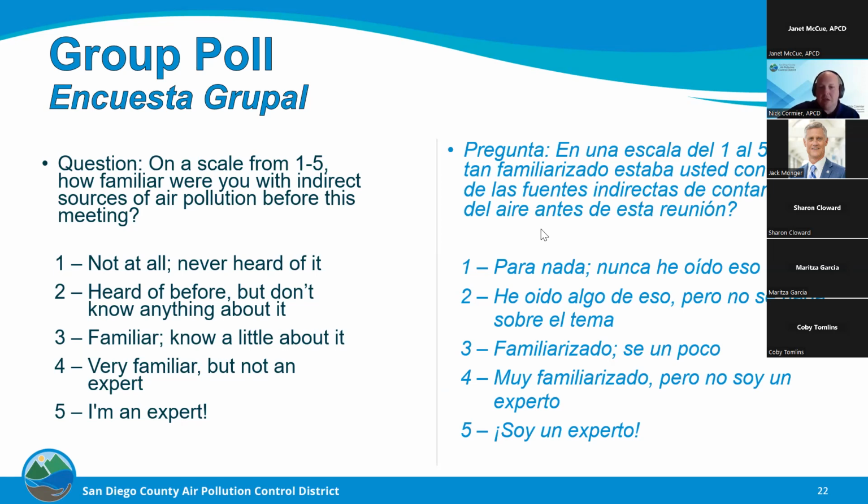And about 8% in the room believe they are an expert. So that's great. We're going to be relying on your knowledge. And number 2, at 4%, was they've heard of it before but don't know anything about it. So that's good. It's actually encouraging that we have a lot of people that have heard of this topic and are interested. So we appreciate that.